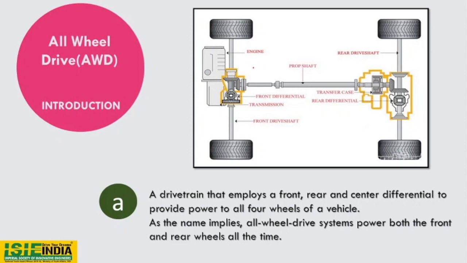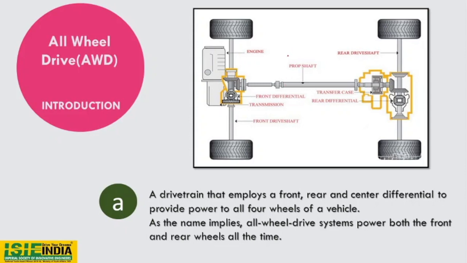Let's see how the power transfer is taken here. Our engine is generally present in the front, which transfers the torque to the front differential, which distributes the power between the left-hand side and right-hand side of the drive.